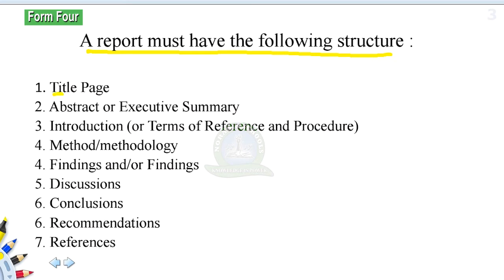Number one, title page. Abstract or executive summary. Introduction or the terms of reference and procedure. Some books say terms of reference and procedure, but some books say introduction and method or methodology.